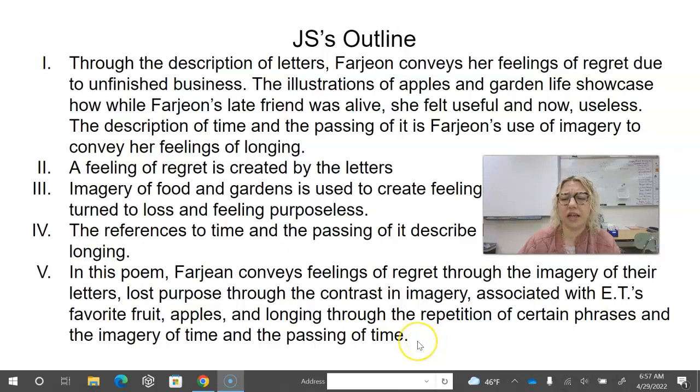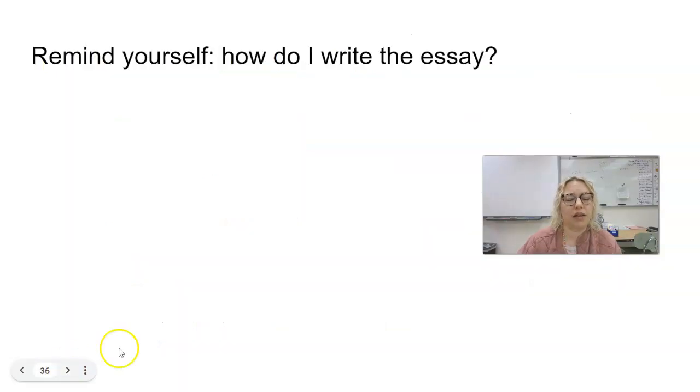So this is the basic skeletal outline for JS's paper. After she had this, she went on to write the essay and included all of the hows and the connecting parts and the literal claims and the text to support it to make it a valid argument.